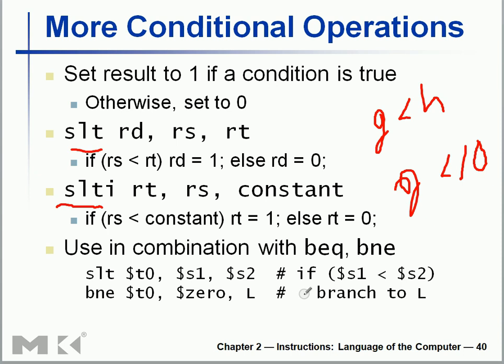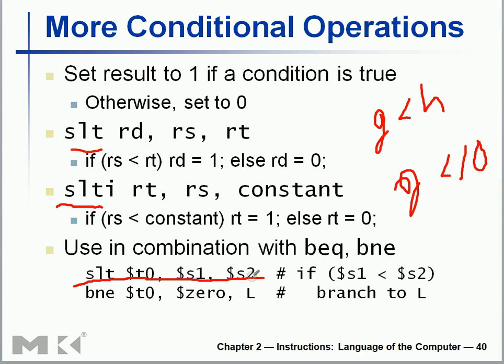So SLT can be used in if and else, and also so far we are dealing with equal and not equal. But sometimes we will need cases like less than or greater than, right? So we don't have greater than, we have SLT, set less than. For example, I will describe this part.